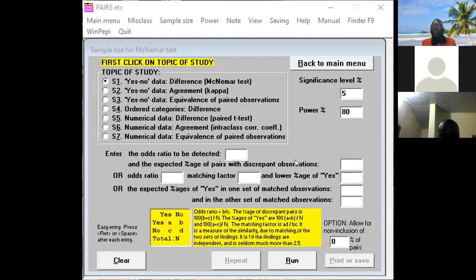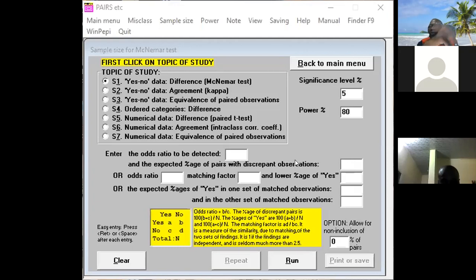That is the difference you expect. So if the percentage of anemia was 30 before, among all of them, when you repeat, you want it to be 20. In that case, the change is 10%, 0.1.